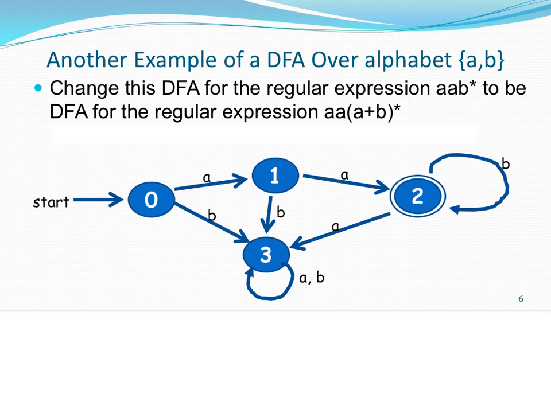So let's do another example. Here's the DFA that we've been working with over the alphabet AB. And this DFA right now accepts the language AAB star. And what I'm suggesting is that we change this so it actually accepts the language AA (A plus B) starred.